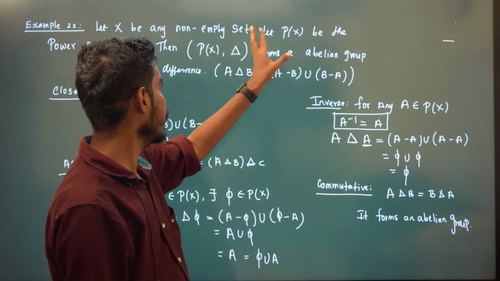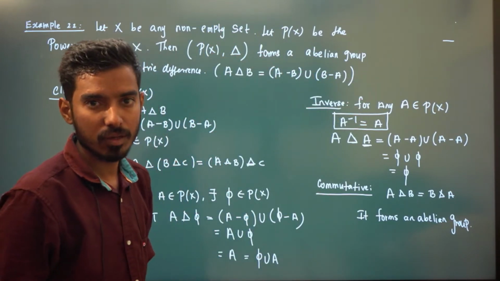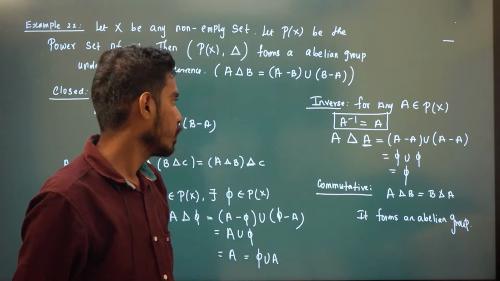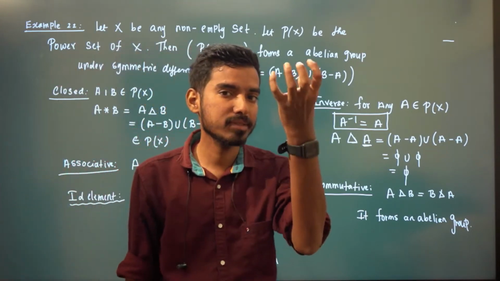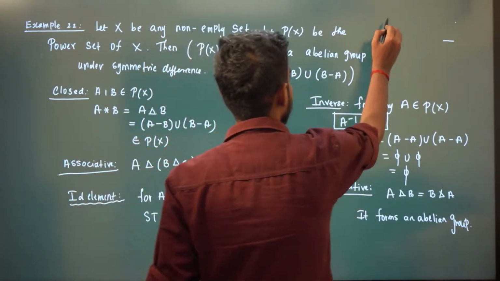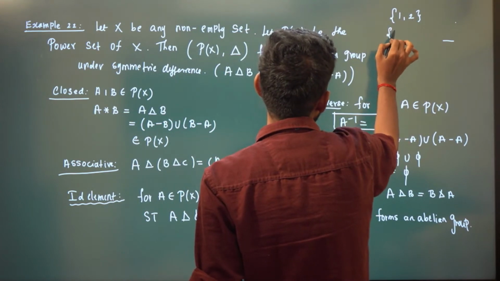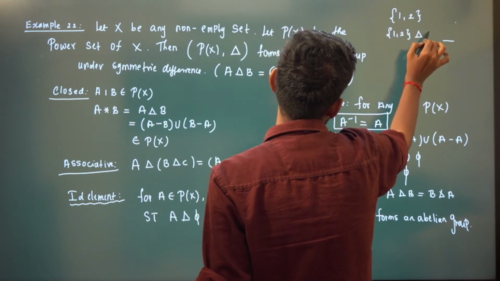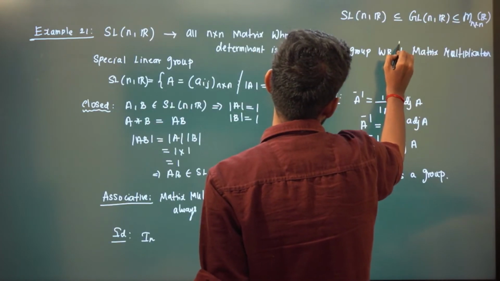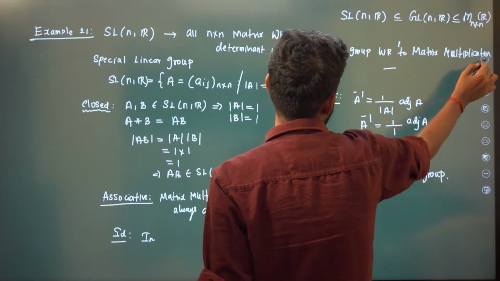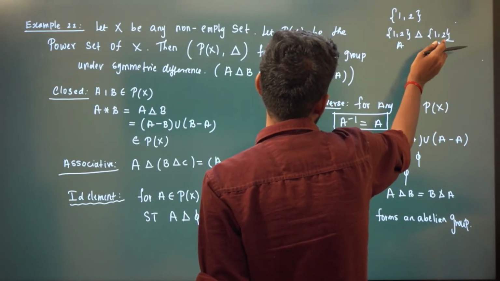For example, if you take X to be 1, 2, 3, you will have 8 elements, right? The empty set surely will be there. And also, for example, if you take a subset 1, 2, its inverse is 1, 2 again, because 1, 2 symmetric difference 1, 2, this is A, this is B. So A minus B will give you the empty set.